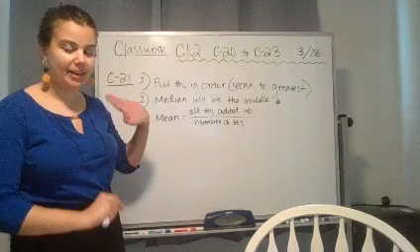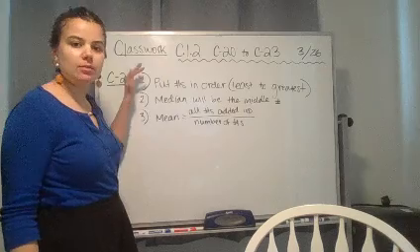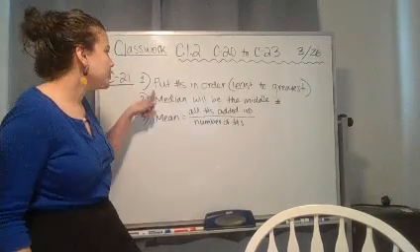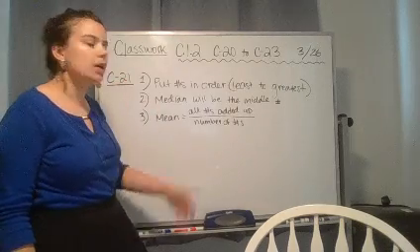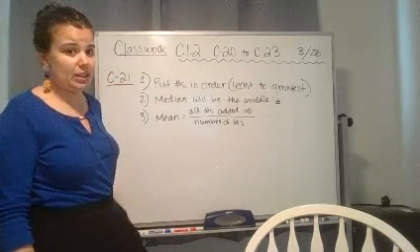Okie dokie, so now that you've had a chance to try it for yourself, up here I've put a step-by-step for Fancyville and Smallville's data. So first you want to put your numbers in order, least to greatest, because that's really the only way that you're going to be able to find your median.